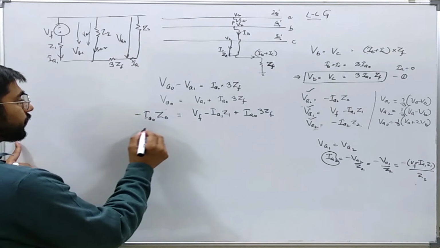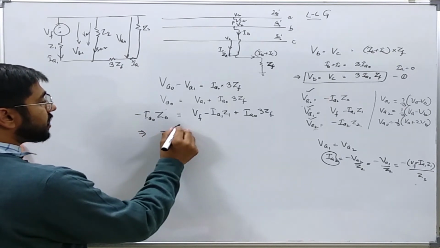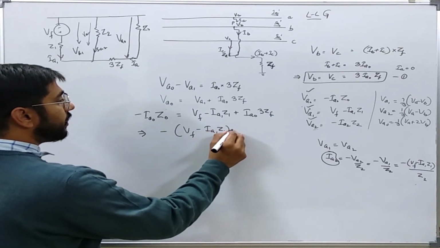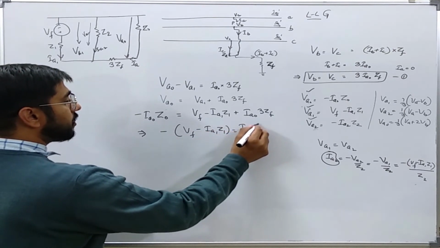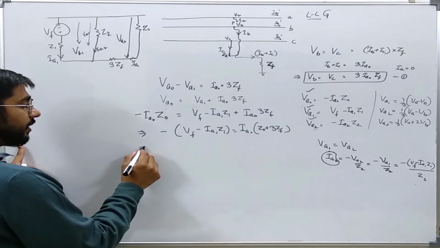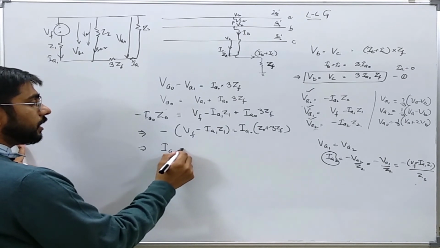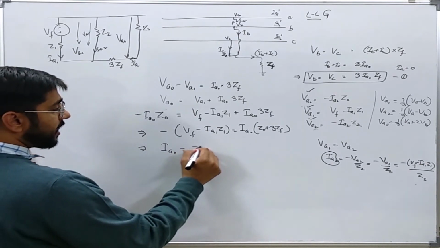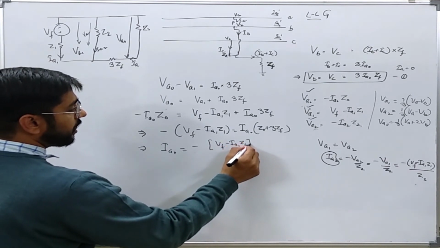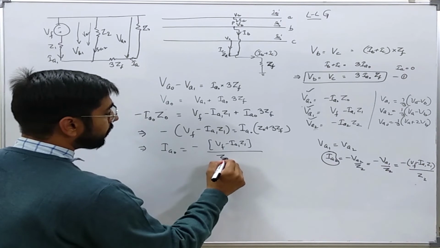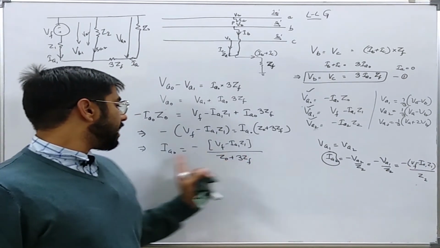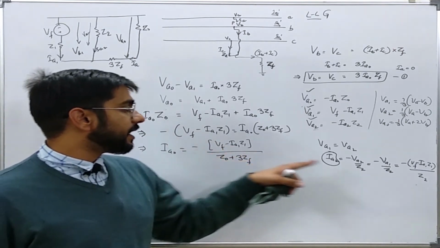So we can see that minus of (VF minus IA1 Z1) is equal to IA0, which is common, times (Z0 plus 3ZF). So from here we can see that IA0 is equal to minus (VF minus IA1 Z1) over (Z0 plus 3ZF). So we have got IA2 and IA0 in terms of IA1 and VF.